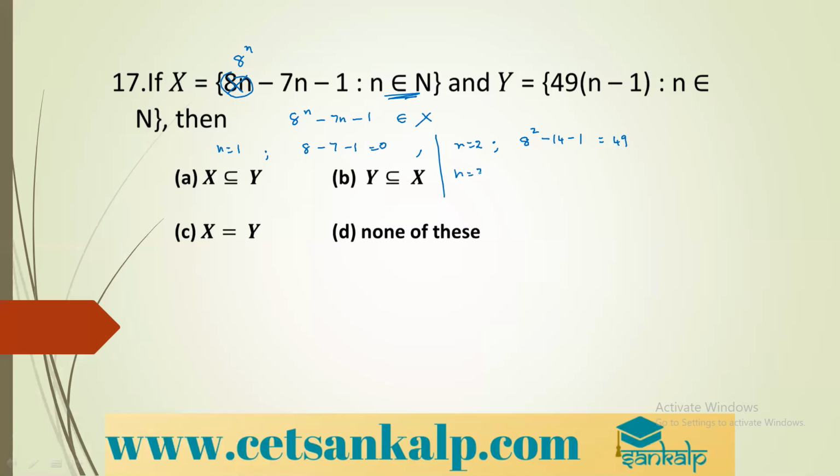Like that, you can do n equal to 3 also. But what you see is, whenever you take n greater than or equal to 2, like 2, 3, 4, 5, all these you can check, 8 power n minus 7n minus 1 will be a multiple of 49.